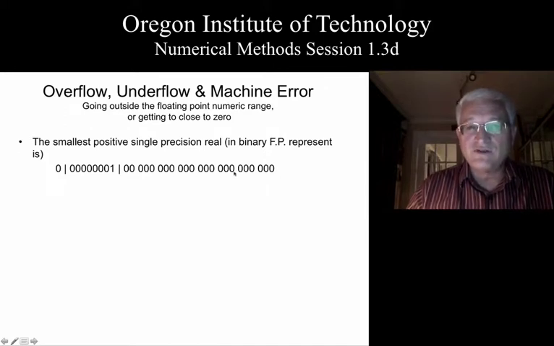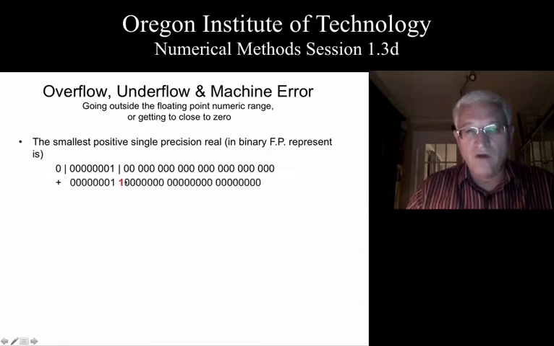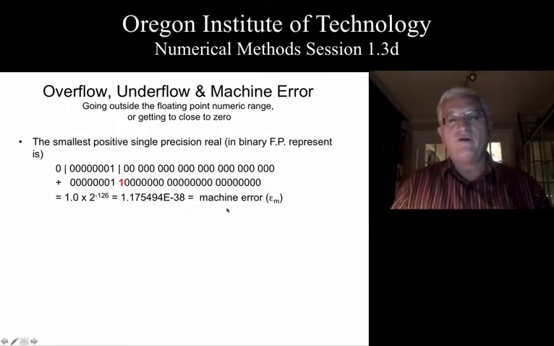All of these zeros in the mantissa will get preceded by a 1 when I form the significand. And so that turns into the number 1 itself, because this 1 is in the 0 location of the binary list of numbers. So this whole thing turns into 1.0 times 2 to the minus 126, which is a really tiny number, which we'll call the machine error.